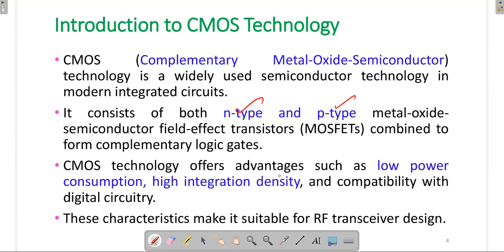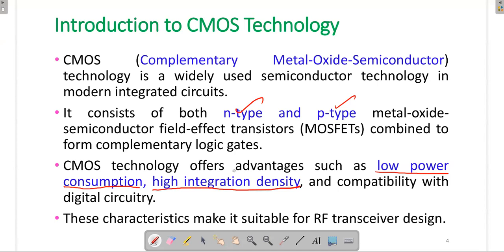The major advantage of CMOS technology is low power consumption, because as the CMOS has high input impedance, it will draw less current, so it will have very low power consumption. And then it has high integration density.